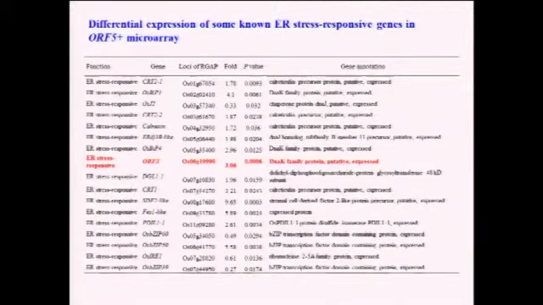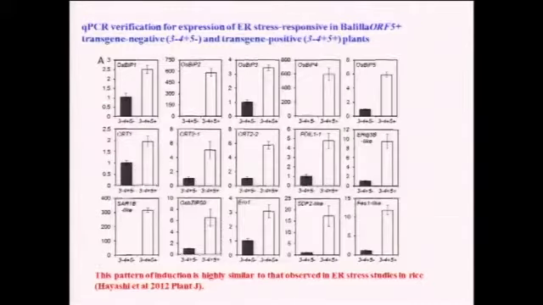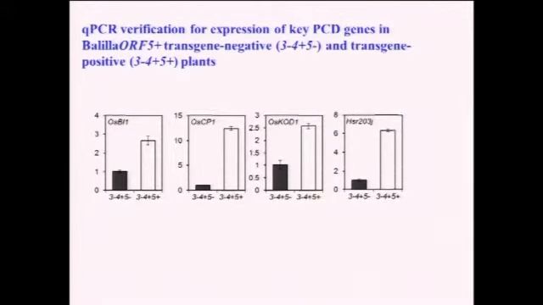And then we did microarray analysis to try to figure out what is really going on. We found the induced expression of ORF3 in the presence of transgenic ORF5. And then we did a lot of analysis, and we identified ER stress-induced genes that all showed induced expression in the presence of ORF5 in the background of Balila.